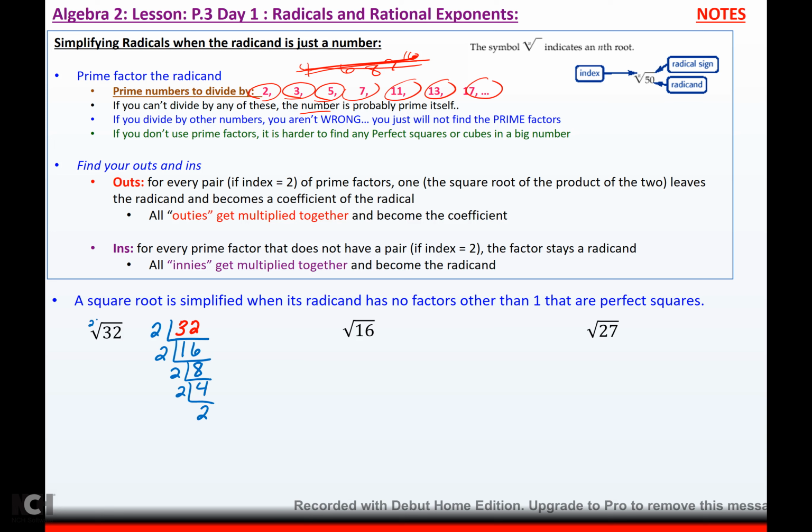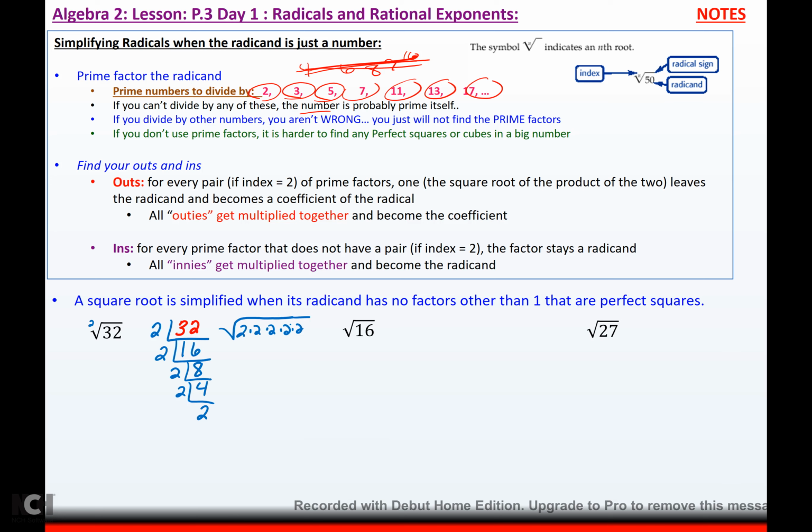Now, because this number is a 2, if you get 2 copies of the same thing, in other words, look at this. I could rewrite 32 as the square root of 2 times 2 times 2 times 2 times 2, which now you're looking for perfect squares.